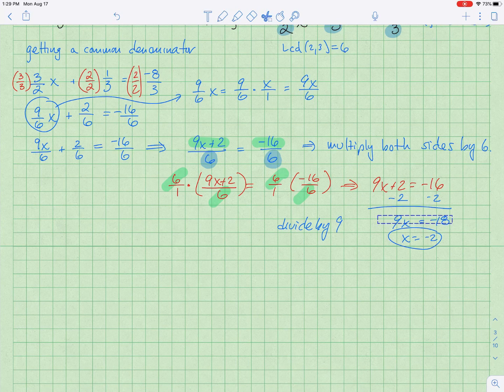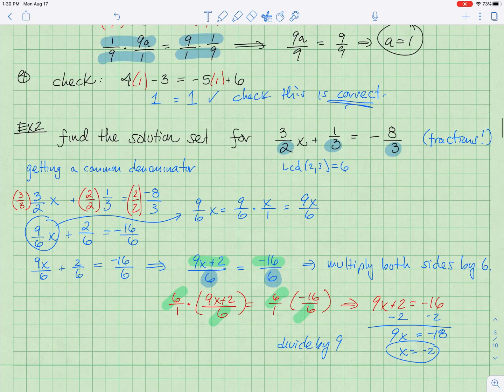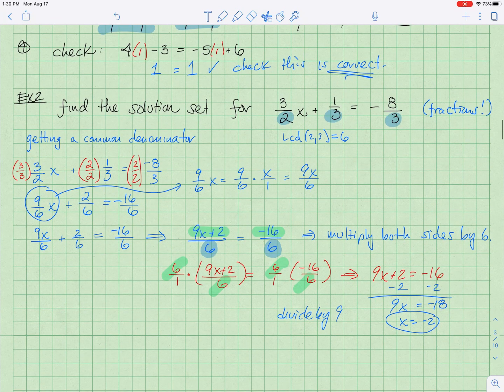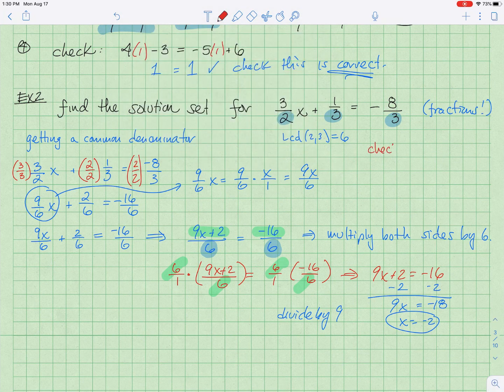We should double check that by plugging that answer back into our original equation. If we come back up to this original equation, let's do a little check. 3 over 2 times negative 2 plus 1/3 is equal to negative 8/3.